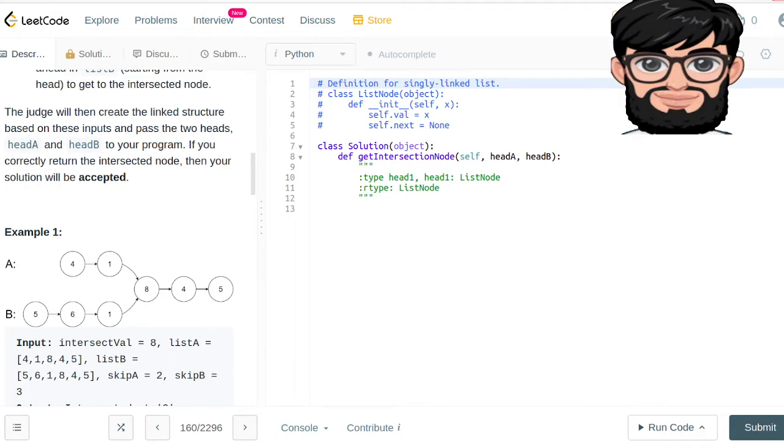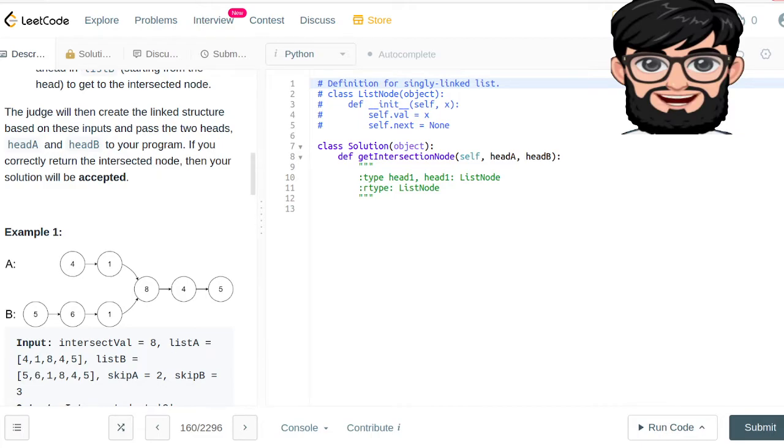So every single time, the longer one is going to be incremented.